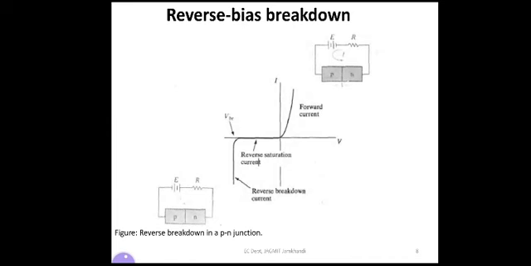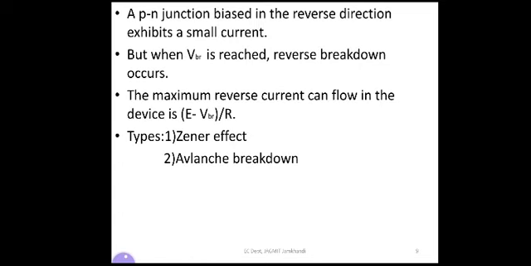The maximum reverse current which can flow in the device, as shown in the above figure, is E minus VBR divided by R. E is the battery voltage, VBR is the breakdown voltage, and R is the series resistance.